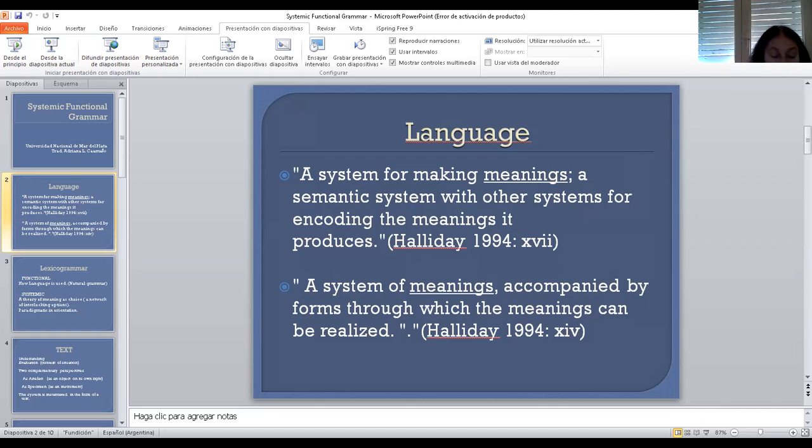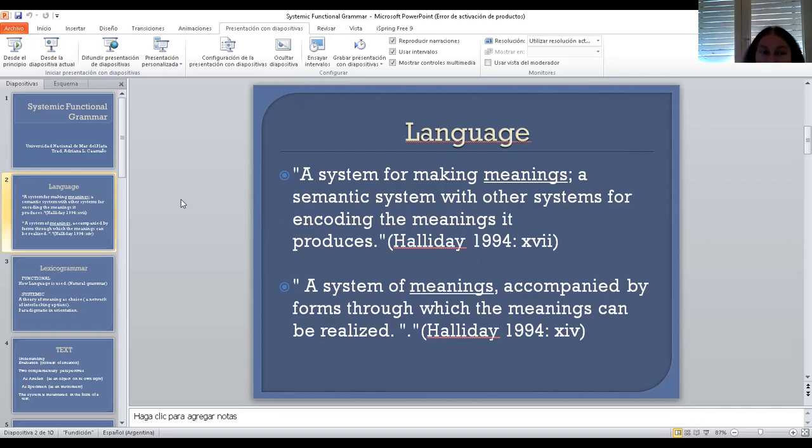We have already mentioned Michael Halliday as the key figure, who wrote his Introduction to Functional Grammar, which has several editions. Okay, you have probably read some chapters from functional grammar. So let's move to functional grammar itself.